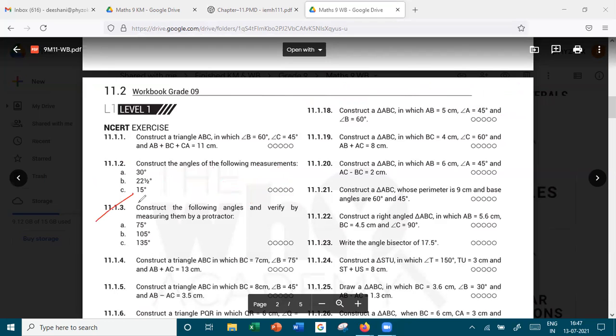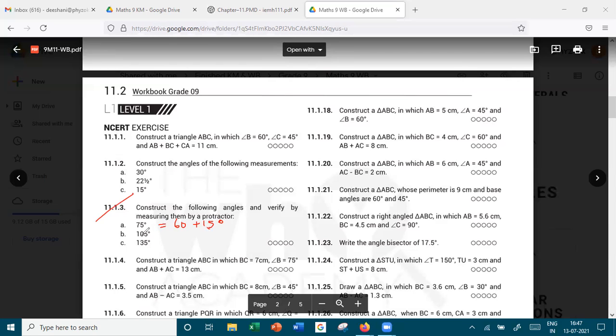So the third one again, they are only asking you to measure using a protractor. 75, how would you make 75? 60 plus 15, correct. So this was the example I took in the beginning of the class, when I was discussing how you need to be good at numbers because of this, right?